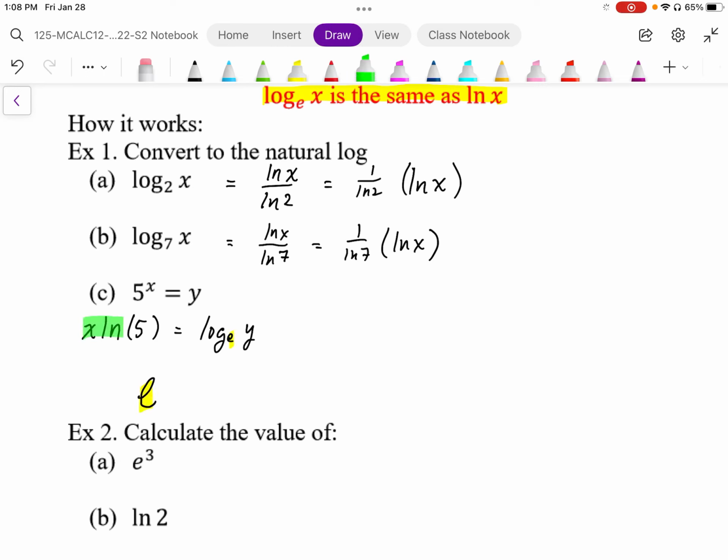My exponent is going to be that. So I'm going to end up with my exponent as x log 5. And that's going to be equal to y. So then this original 5 to the power x expression can be re-expressed as e to the power x log 5. And those are the same expressions, but one is in base e, the other one is in base 5.